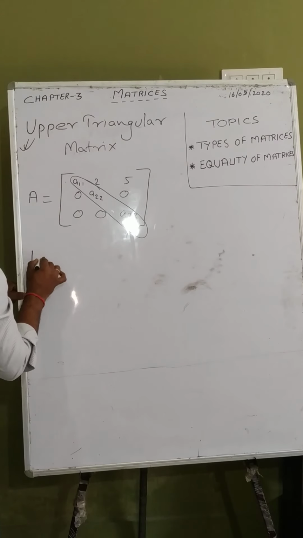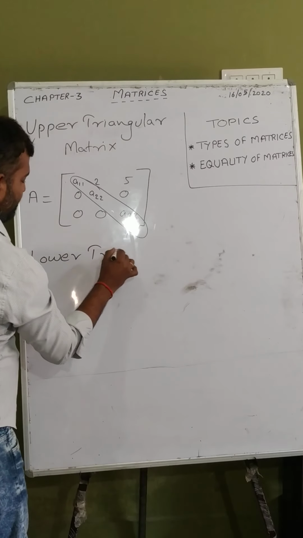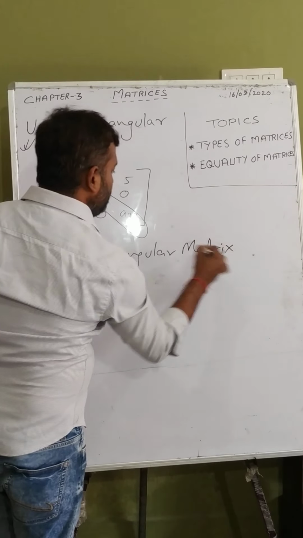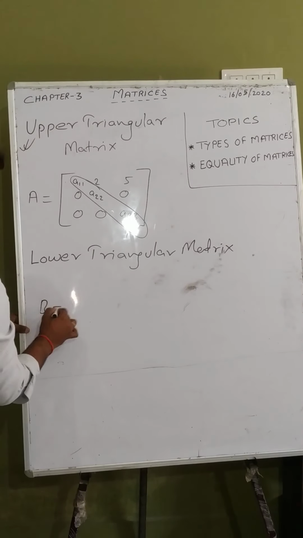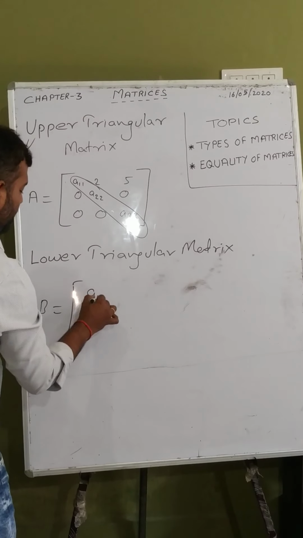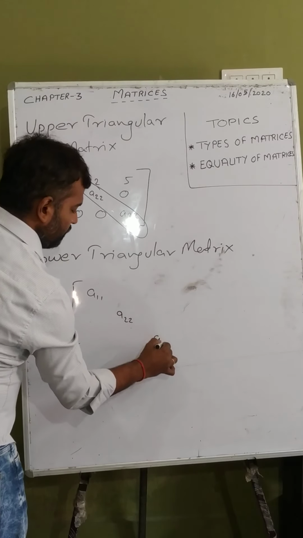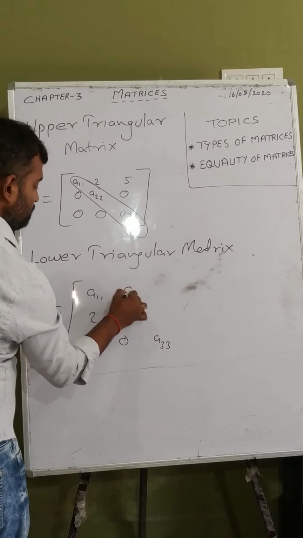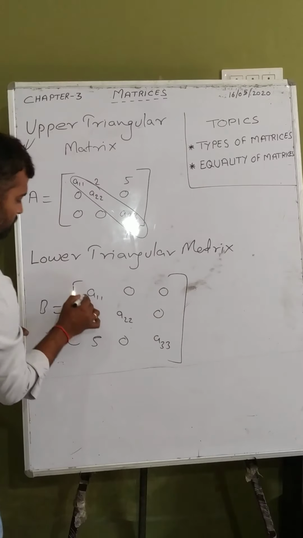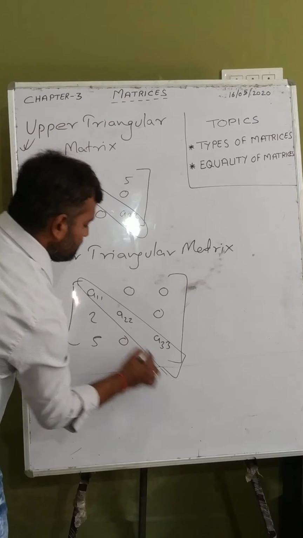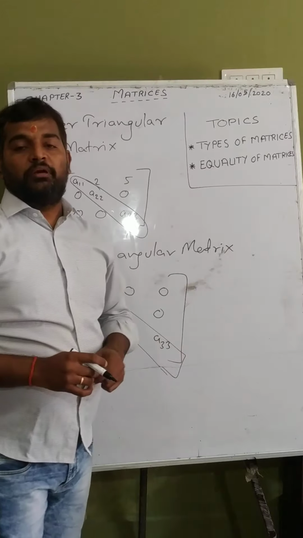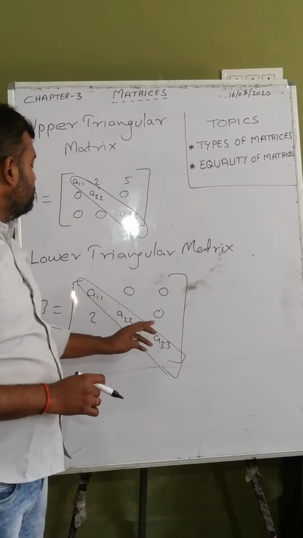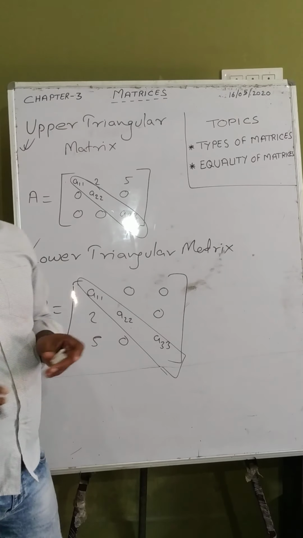Next is the lower triangular matrix. This is the vice versa of the previous one. If all the elements above the diagonal elements are zero, then it is said to be the lower triangular matrix.